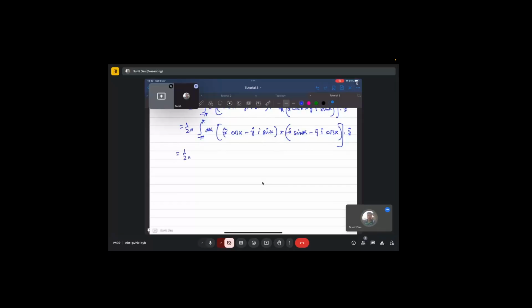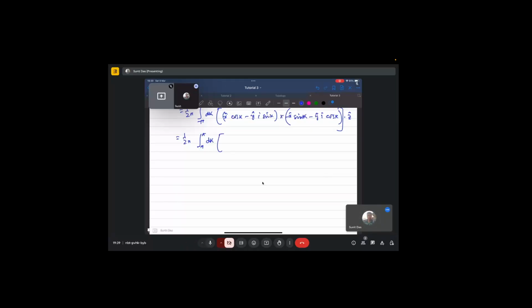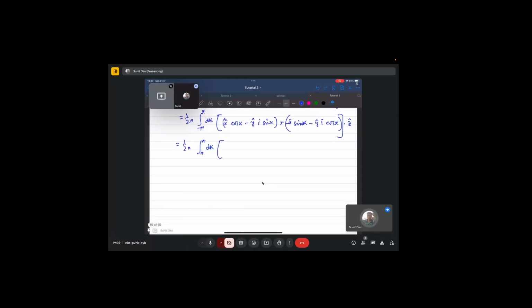So 1 by 2 pi, minus pi to pi, dk. So x cross y is simply z cap, sorry, so this one and this one, cos square k, and then this will be plus y cross x, which is again minus z, so I am in trouble by an iota factor, right?